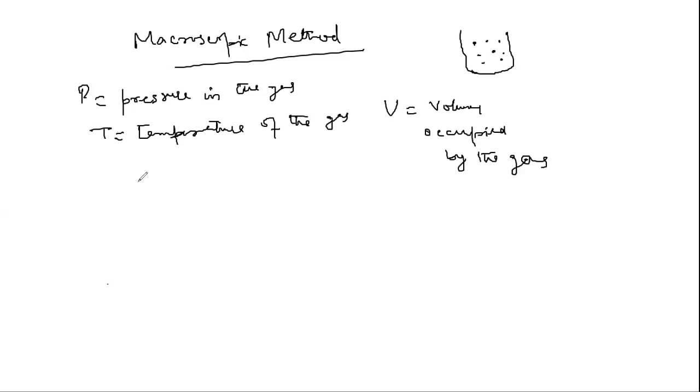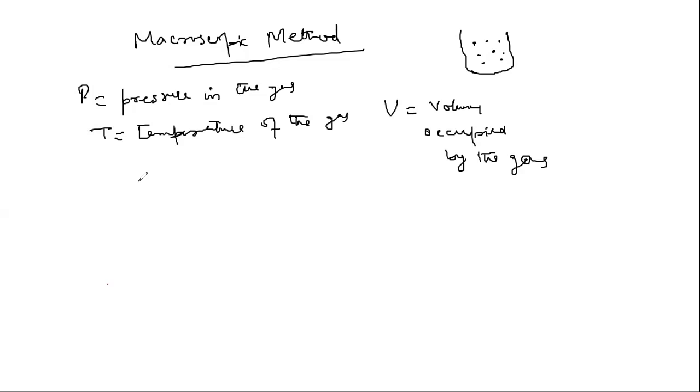We are disregarding the internal details of the system. We are disregarding where these molecules at a particular time are located and with what speeds they are moving. So we are ignoring those details. We take the overall behavior of the system into consideration.